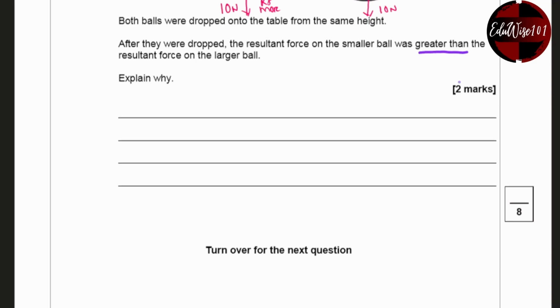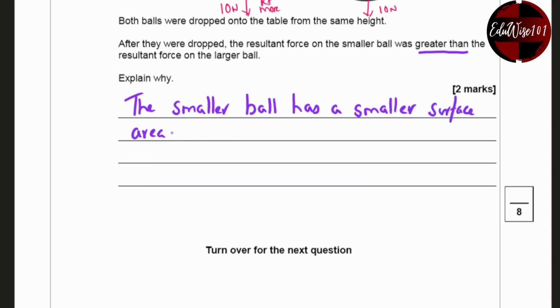So how do we write the answer? The smaller ball has a smaller surface area, so the drag or air resistance on it is less.